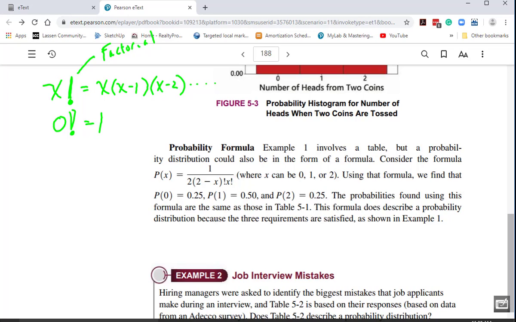Well, you should believe this, right? X to the 0 is 1. Same idea. I can prove it, but let's leave it at that. So if I ask you the factorial of 5, it's going to be 5 times 4 times 3 times 2 times 1.